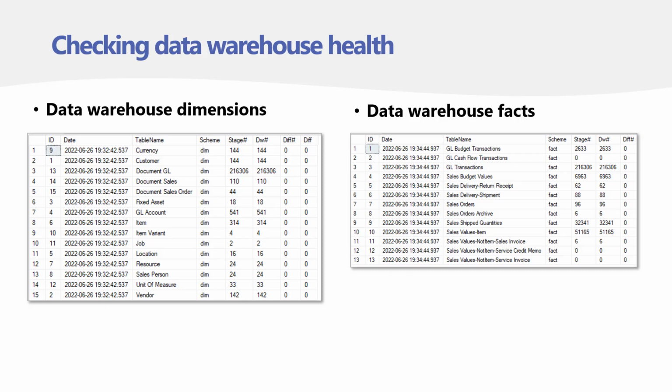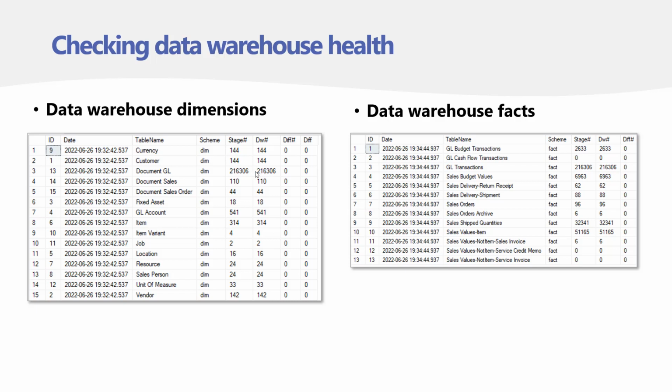Apart from this, there are a few more technical aspects. We definitely have to check the data warehouse health. By health, I mean that everything that goes into this data warehouse, this is the count of staging tables, should go out. This is the count of dimensional tables.